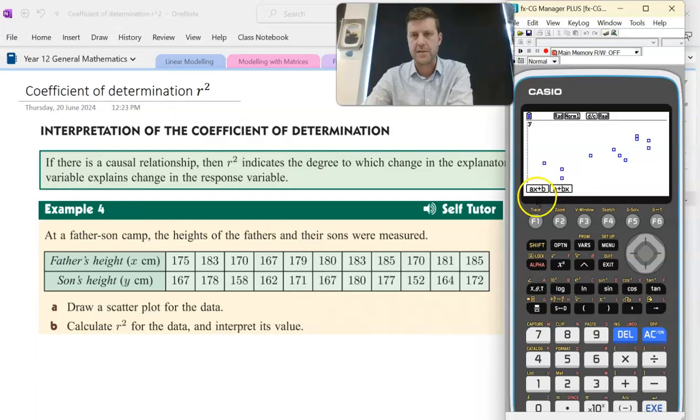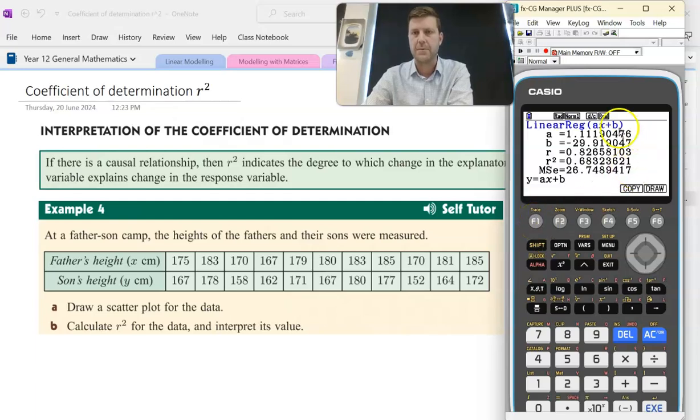which comes up with this screen that gives us a few values. The ones that we're more interested in here are the R value. So R is equal to 0.826. Remember, in my previous video I spoke about the value of R, or Pearson's correlation coefficient. A value of R of 0.826 puts it in that moderate positive correlation category.